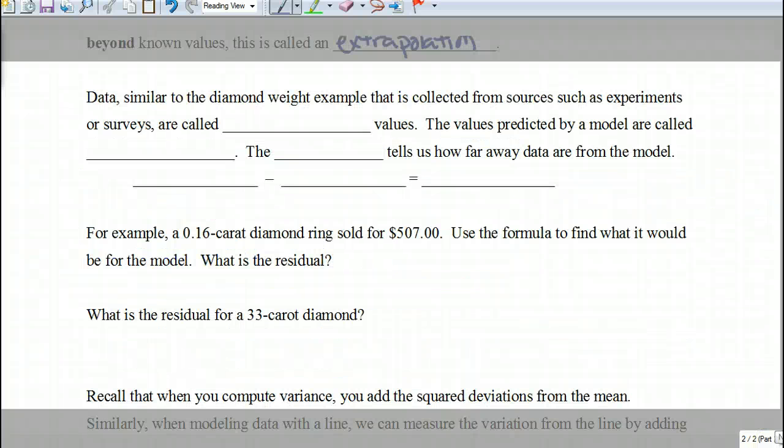Data similar to the diamond weight example that is collected from sources such as experiments or surveys are called observed values. The values predicted by a model are called predicted values.